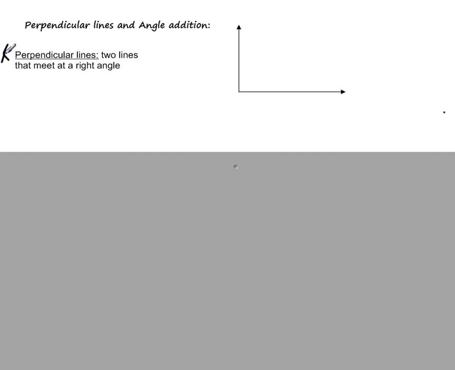Okay, so I wrote the definition right here real nice for you, so you can take a second to write that down. The symbol for perpendicular, if I say, let's name this ABC. Okay, let's say that ray BA is perpendicular to ray BC. Instead of writing the whole word perpendicular, I can write an upside down T. And if you notice, an upside down T even looks like it has a 90-degree angle there.